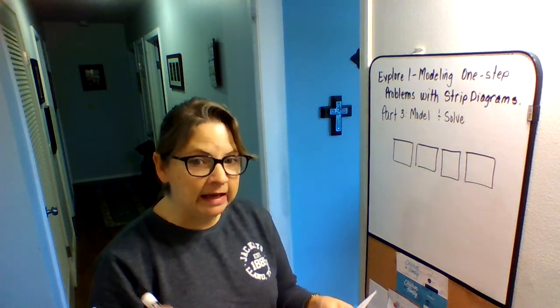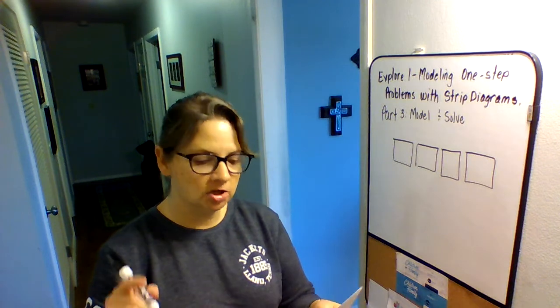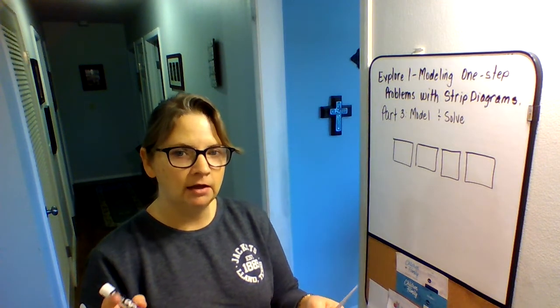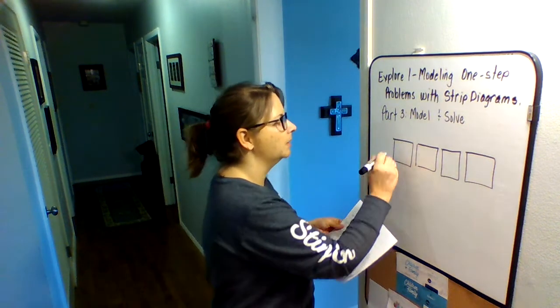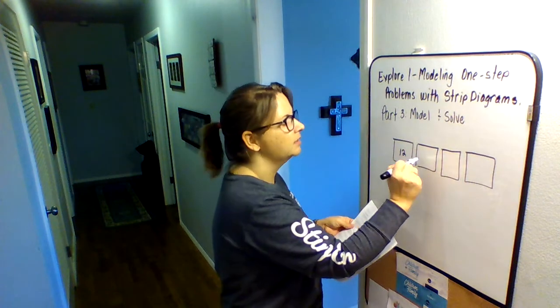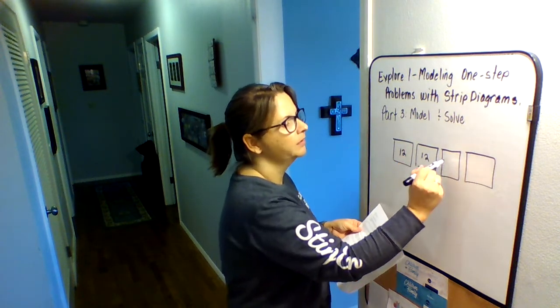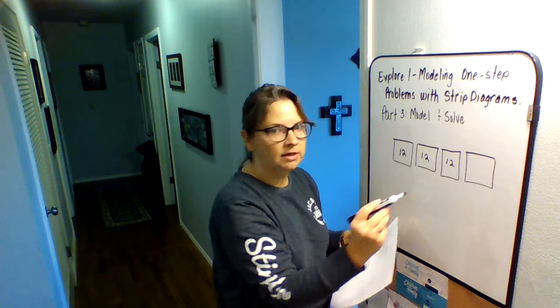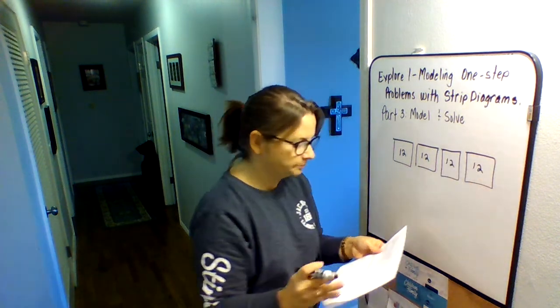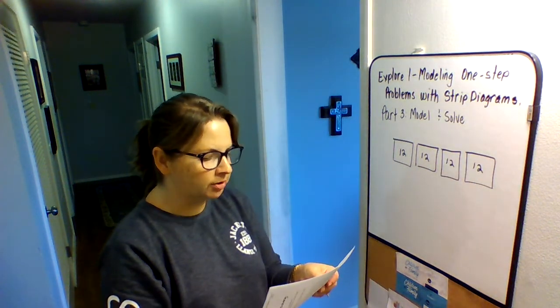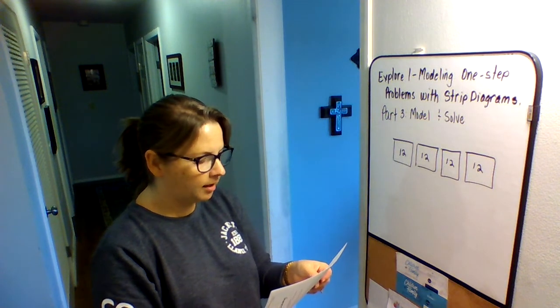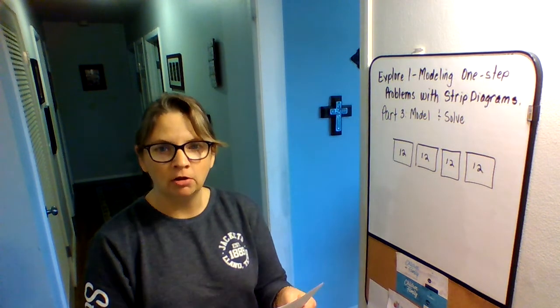It says each box contains 12 cupcakes. Now each means 1. So this box contains 12. This box contains 12. This box contains 12, and this box contains 12. How many students will get a cupcake?